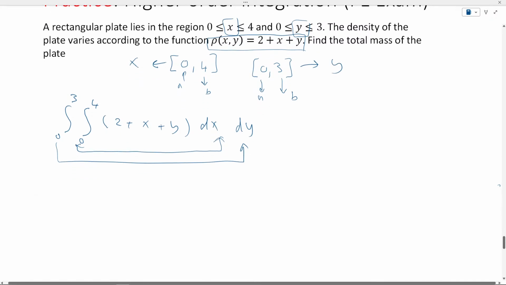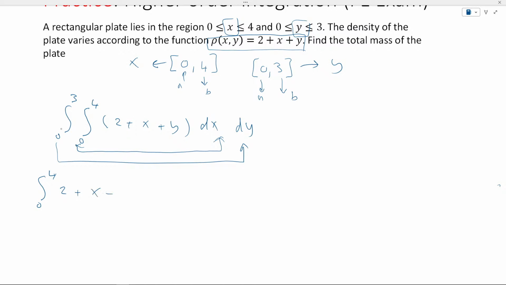Okay, so let's just solve the inner integral. So from 0 to 4 of 2x plus y dx. That's the inner integral. That is equal to what? That would be 2x plus x squared divided by 2.